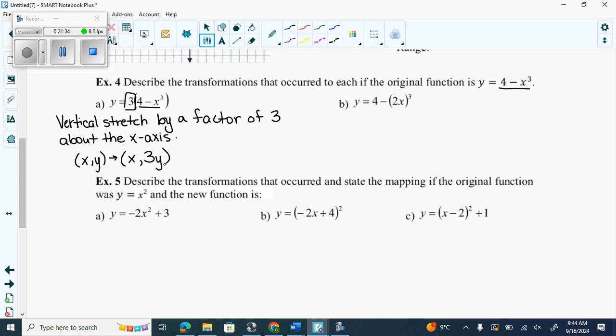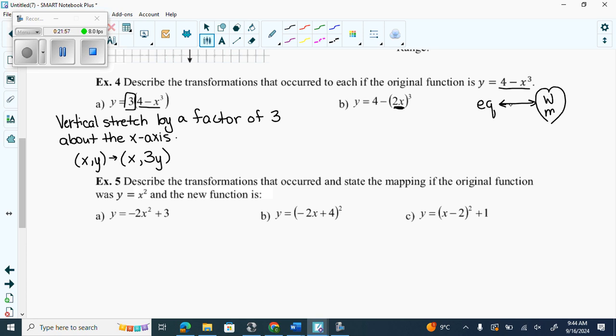This one, I have 4 minus x cubed. This one, I have 4 minus 2x cubed. The 2 is with the x. We agree? So when it's x's, I use my little equation, words, mapping diagram. I'm going from equation, this is an equation, we agree? To words and mapping.